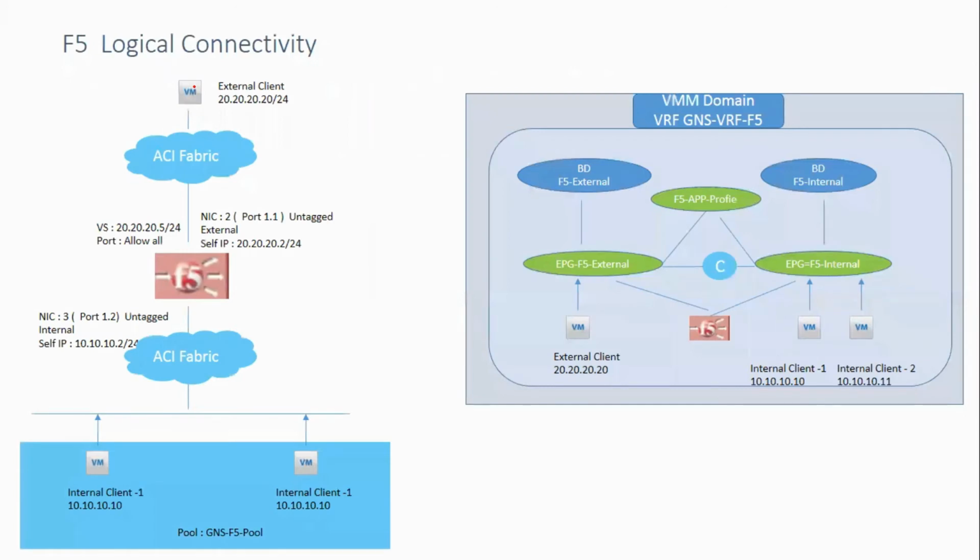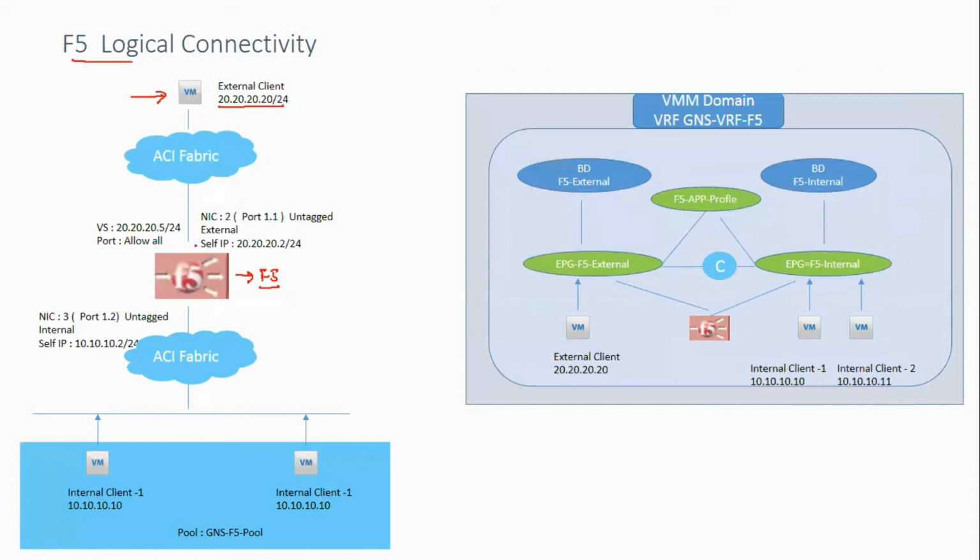So let's suppose this is the firewall logical connectivity, right? And we have an external client virtual machine, which has an external IP, and it is connected to the ACI fabric, and to the ACI fabric your F5 is connected.